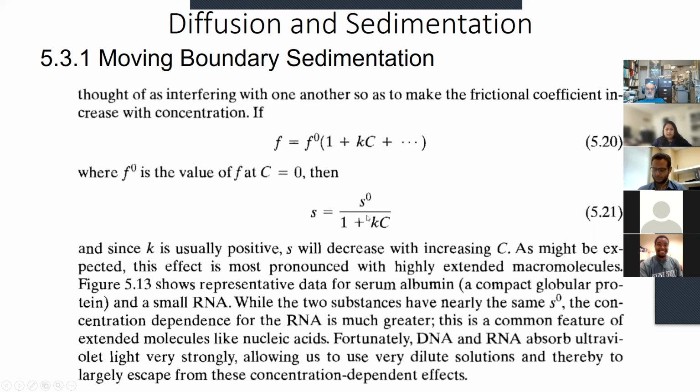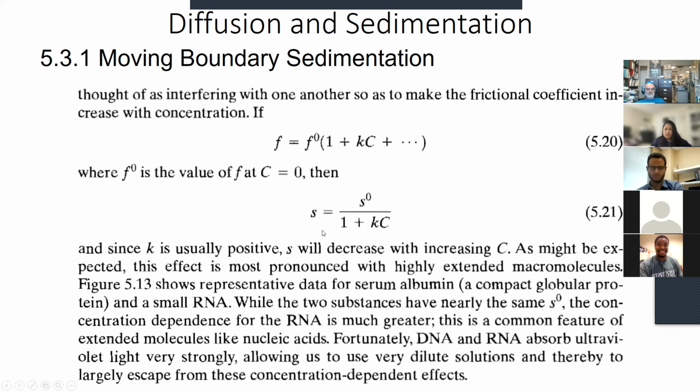And so you can see here the form of the equation involves 1 plus Kc. K is usually a positive number if what we're talking about is non-ideality. And S will therefore decrease because this is a positive value. This will be bigger than 1, and so S will decrease. Okay.